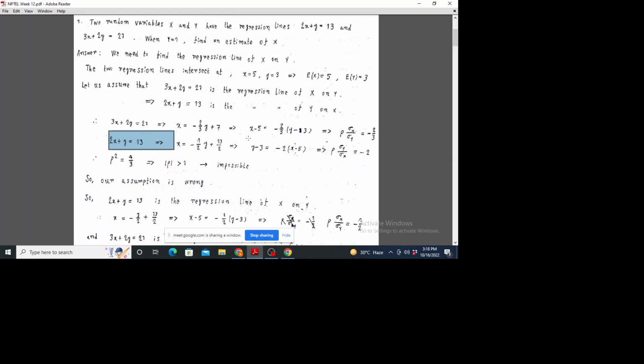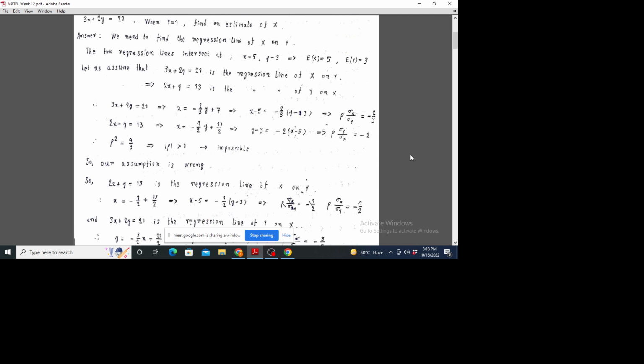So we can easily do that to find the regression equation of y on x under our assumption, and from this we can easily extract the regression coefficient byx. The formula for byx is rho sigma y by sigma x, and from this equation it is minus 2, just the slope of the straight line.